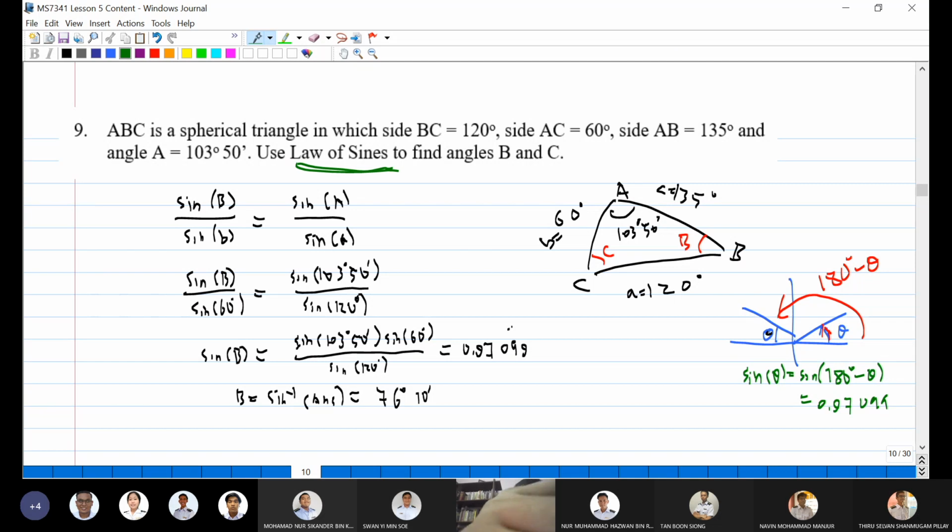So you know that there's another possibility, or B equals 180 minus 76 degrees 10 minutes, right? In this case, we reject this one because this angle is too large already. So 103, 105, but this one is rejected, too large.